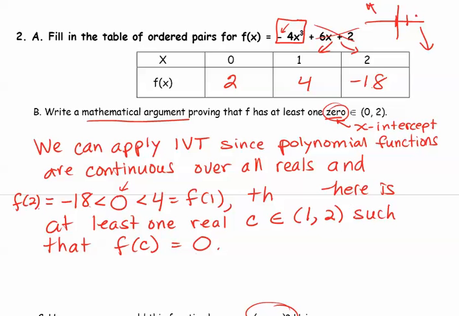So somewhere between 1 and 2, we have just figured out that there has to be an x-intercept, because at 2, we're at -18, and at 1, we are at 4. So if the graph crosses here, how many other times could it cross? Well, could it actually cross all 3 times between 0 and 1 so that it gets back to a coordinate of 2 at 0? So let's stop and think about what are the possibilities here.